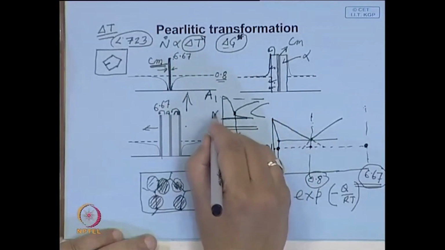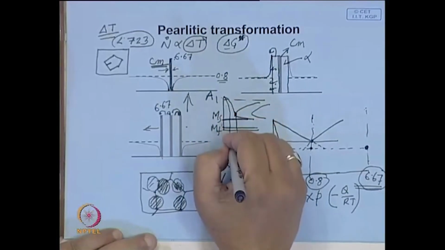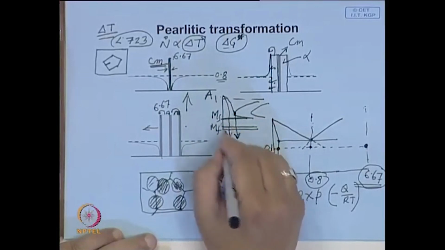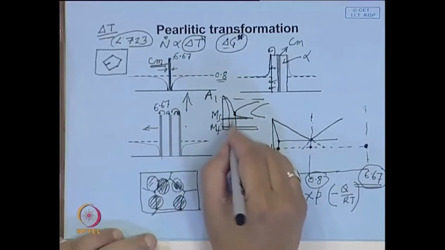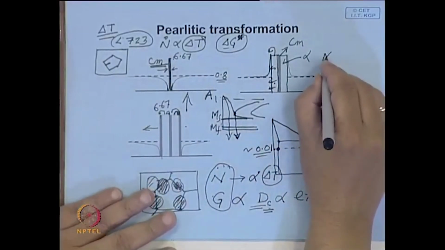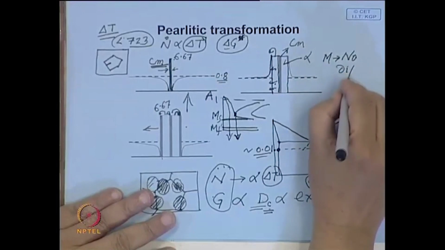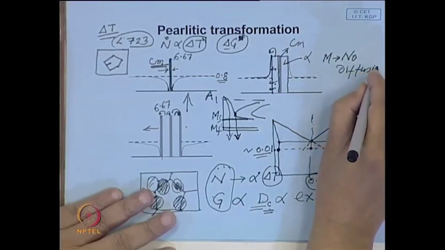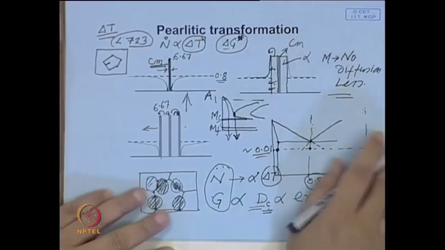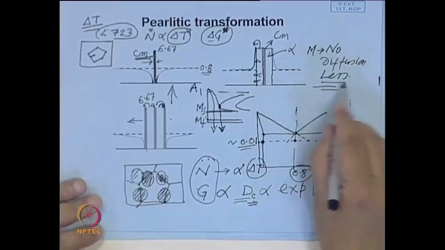This is the martensite start temperature, this is the martensite finish temperature, and as we go on we will look at the kinetics of martensitic transformation, and martensitic transformation is one where there is no diffusion, it is a diffusionless transformation.